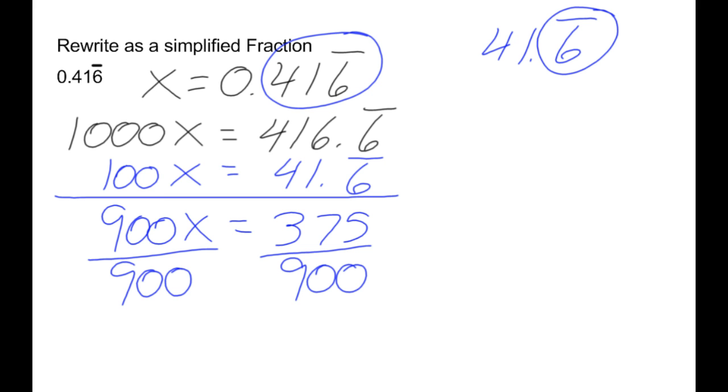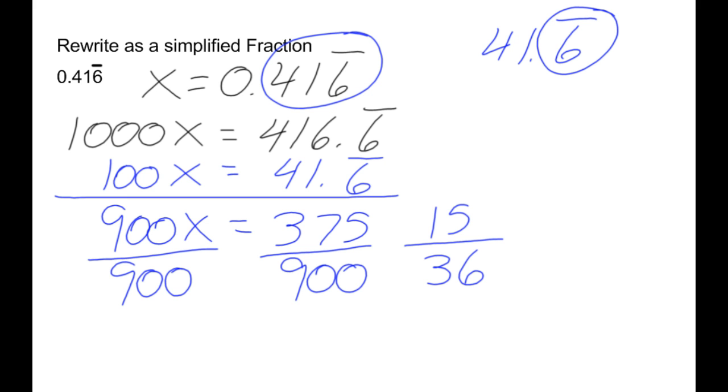So there are 15 quarters in 375. And 900 divided by 25, I think we have 36.